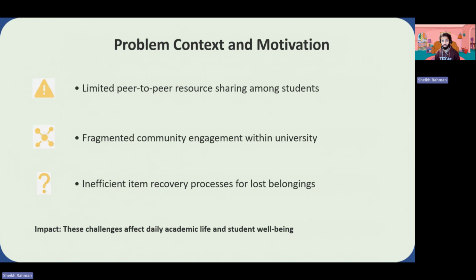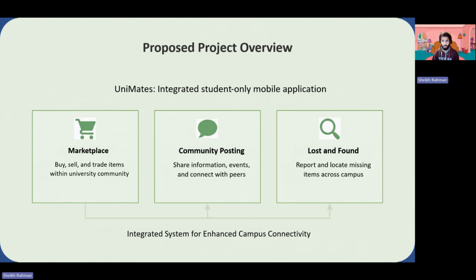Third, item recovery processes for lost belongings are usually inefficient and rely on informal communication methods. These issues can negatively affect students' academic performance and overall university experience. Unimaze aims to provide an integrated solution to these problems. Moving to the next slide.